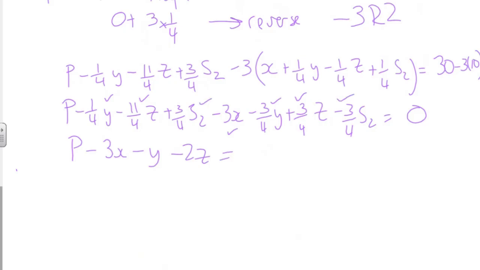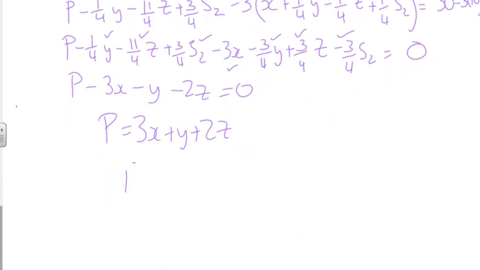S2 cancels and I've got equal to 0. So my P will be 3X plus Y plus 2Z. That's it. So my final objective is to maximise P as 3X plus Y plus 2Z.